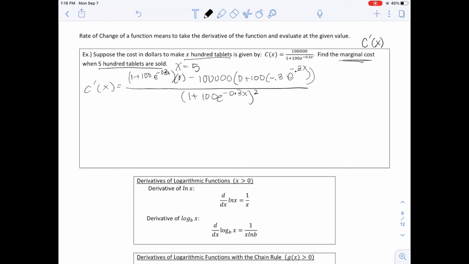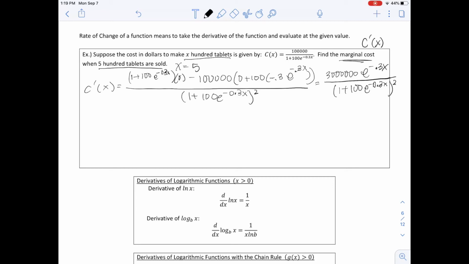Multiplying our 100 times our negative 0.3 times our negative 100,000, we arrive at 3 million e to the negative 0.3x divided by our denominator squared, which is 1 plus 100 e to the negative 0.3x all squared. And this is our marginal cost function.